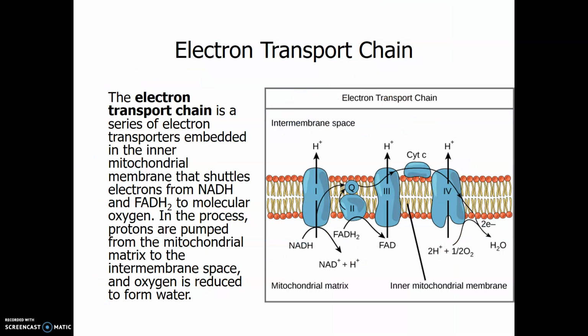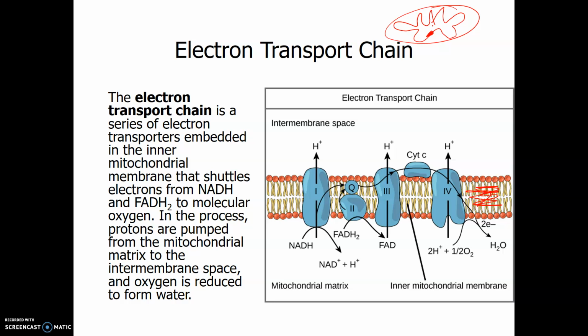The electron transport chain is the last stage of the citric acid cycle, and it occurs, if this is your mitochondria, and this is the mitochondrial membrane, then this membrane here, this phospholipid bilayer here, is this one here, which is the membrane of the folded part of the mitochondria.